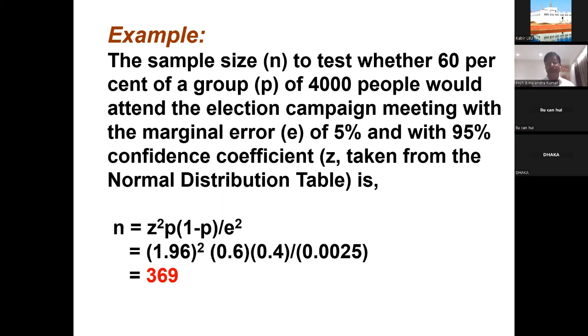If you see, n is equal to Z squared P(1 minus P) over E squared. This is the criteria through which the population study or survey method is done, and the table has been given to make a study of that.